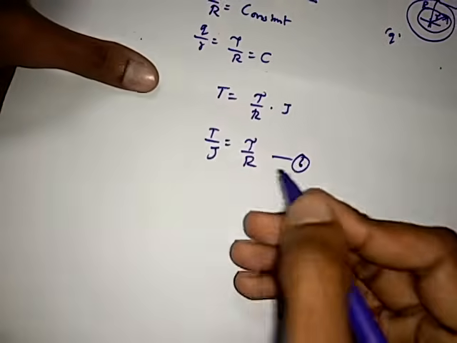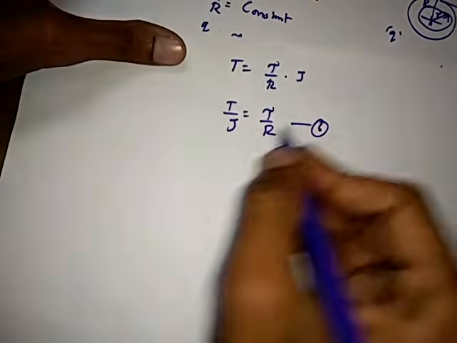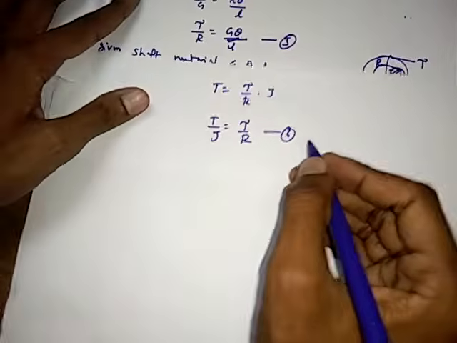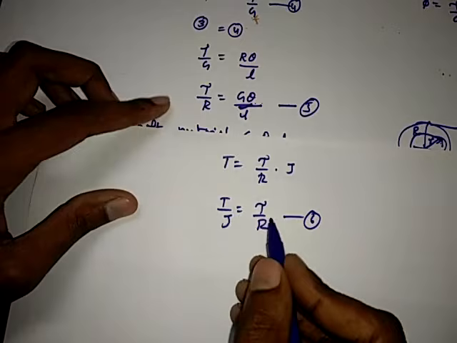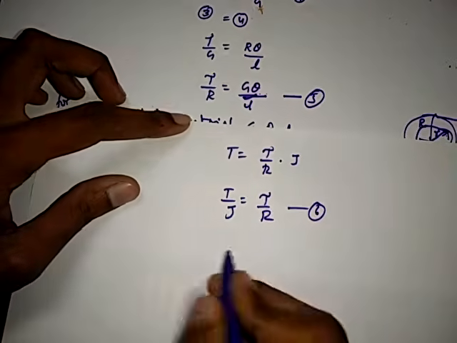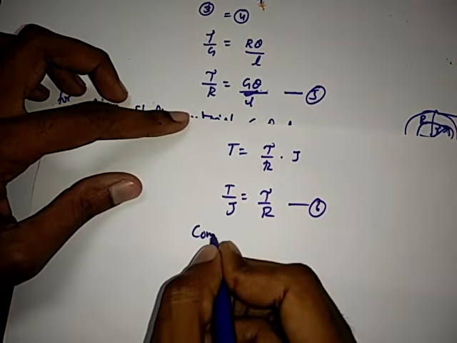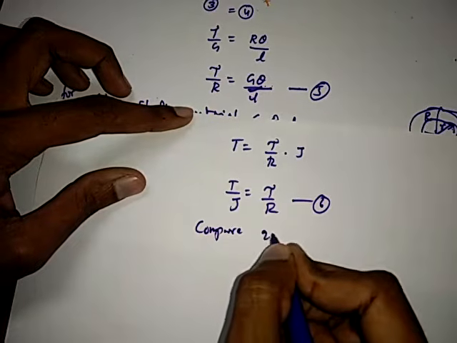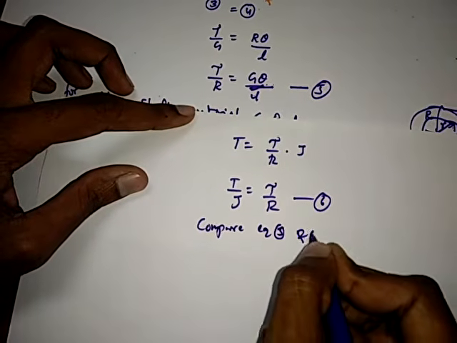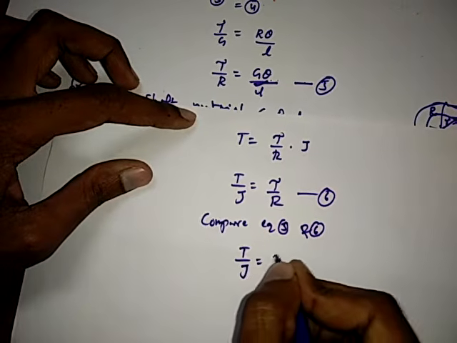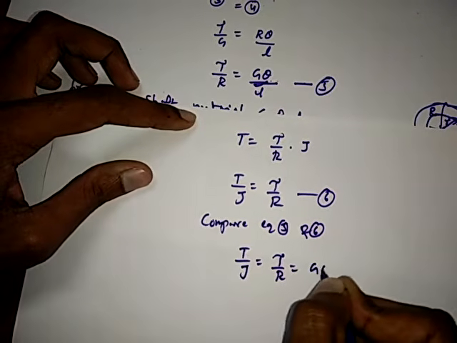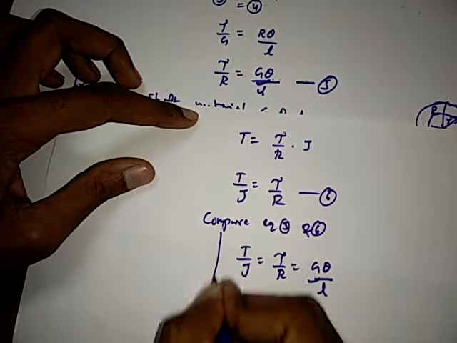If you compare equation number 5 and equation number 6, which both have tau by R, we can finally write T by J is equal to tau by R is equal to G theta by L.